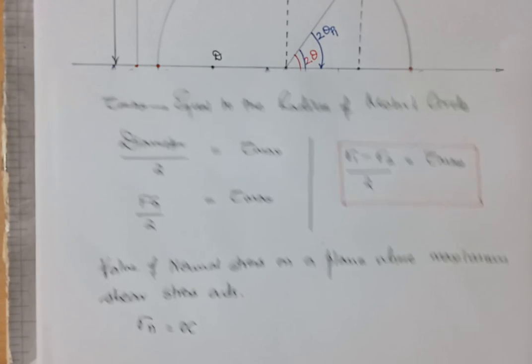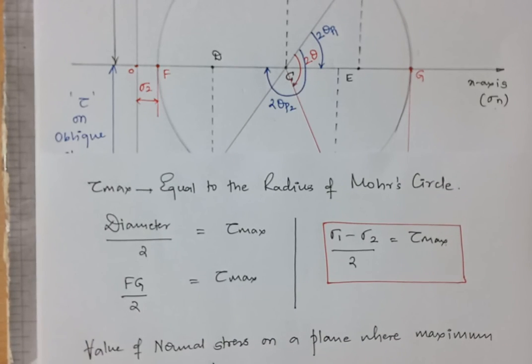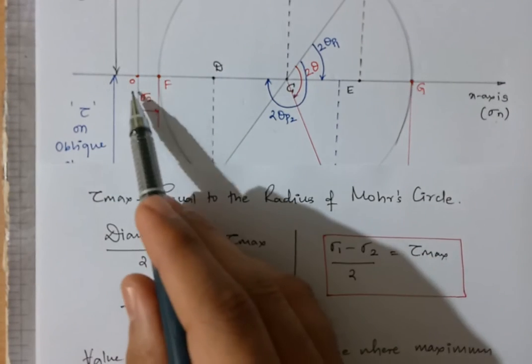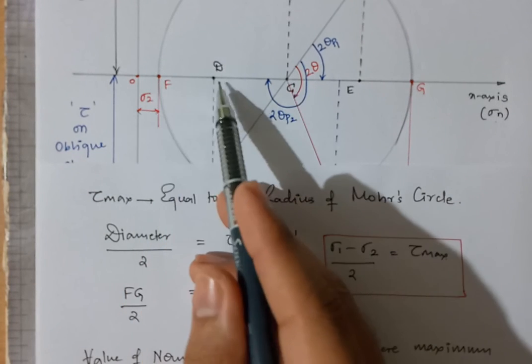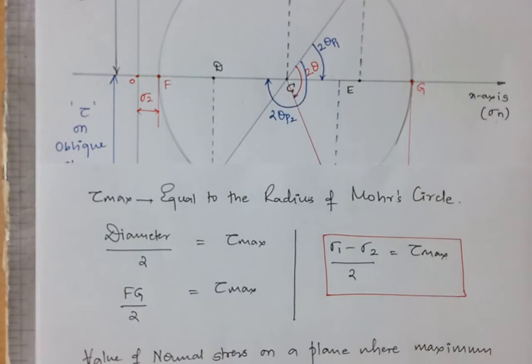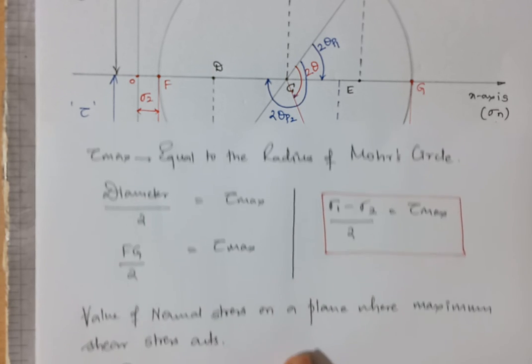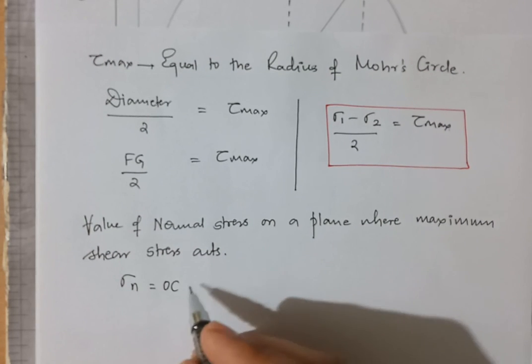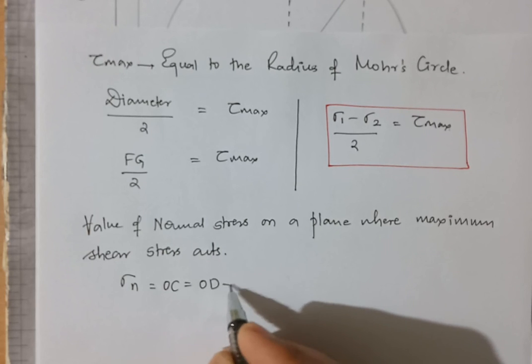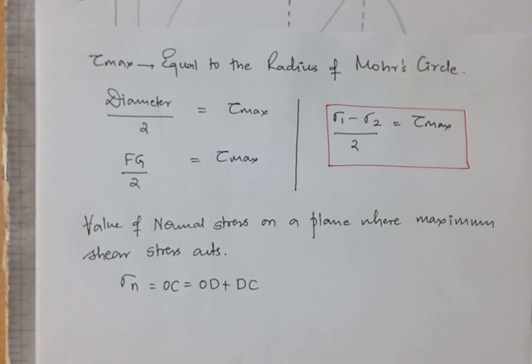So how are you going to write this OC in turn? OC can be written as OD plus DC.